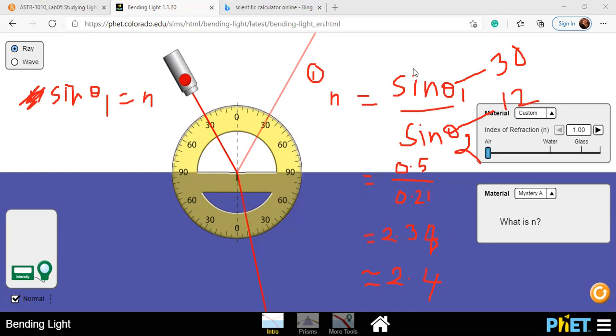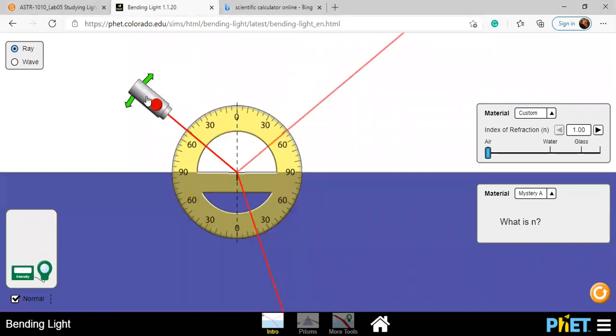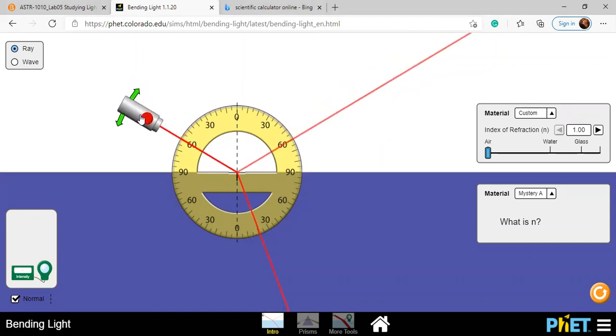So I'm erasing this data and increasing this angle. You can do any angle, but I'm just showing you two angles so that you will be clear. I'm making exactly 60, right? So theta 1 right now, I'm directly putting into the calculator.